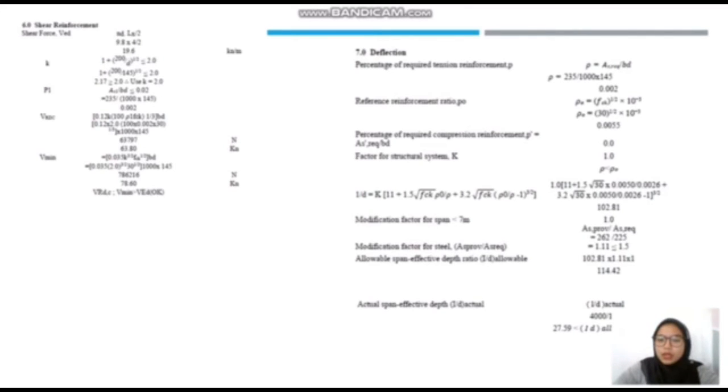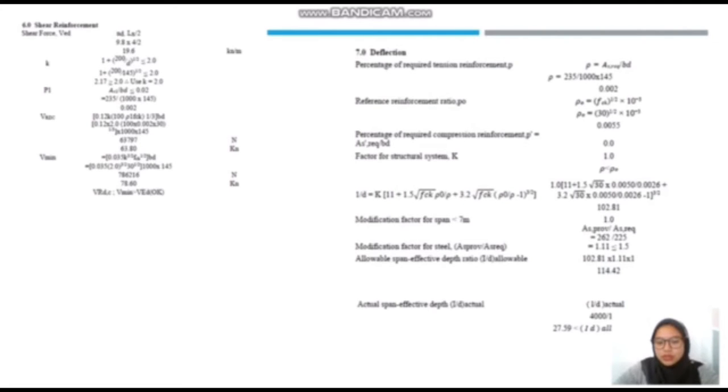102.81. And then modification factor for span, because it's below 7 meters, so we assume it is 1.0. And then modification factor for steel, As prov over As required, so we get 1.11, so it is also less than 1.5.